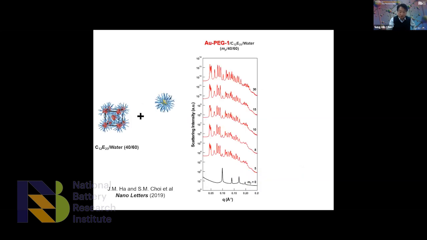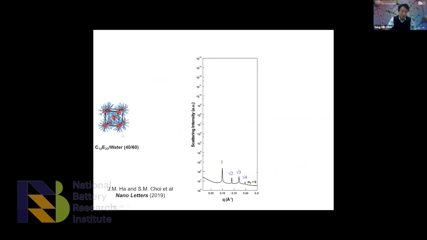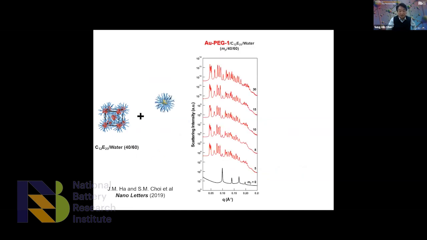So without the nanoparticle, the micelle itself shows a BCC symmetry, as is clearly seen in the SAXS data. Now we included the nanoparticle functionalized with 1 kilodalton PEG. Dramatic change in scattering pattern. A lot of peaks show up, like an atomic diffraction pattern.